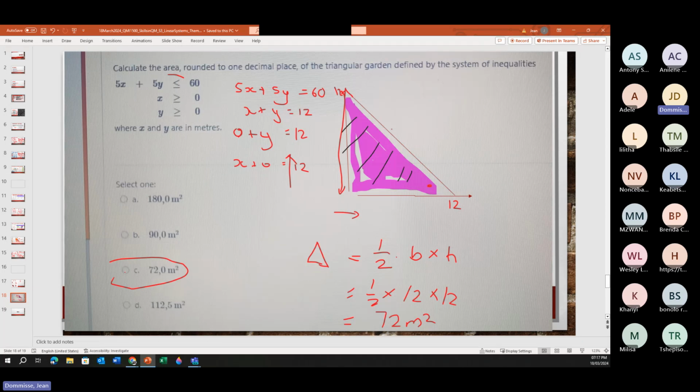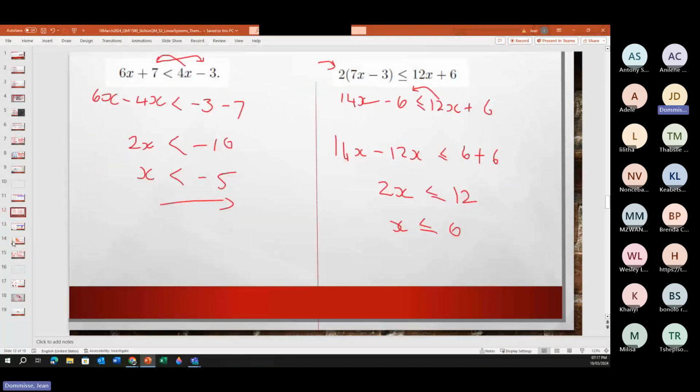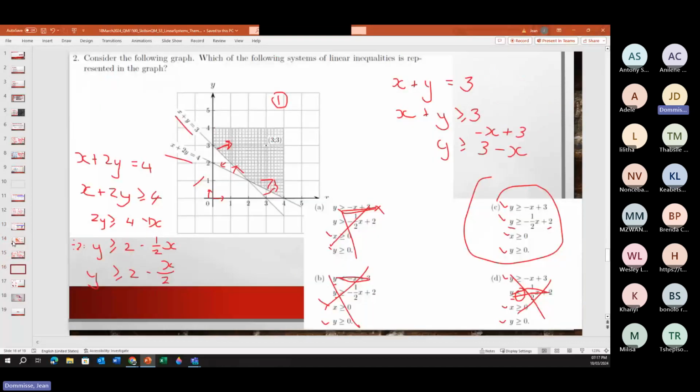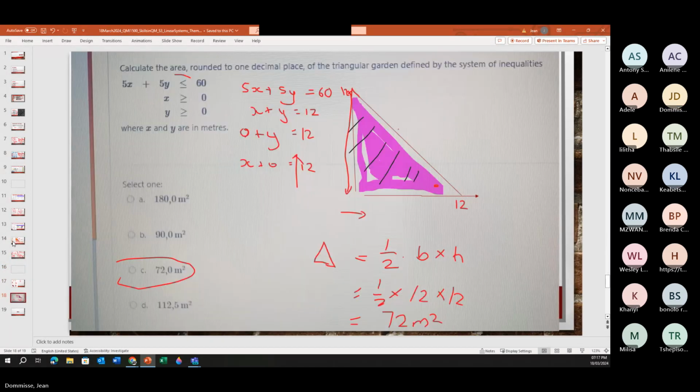I just thought it is important for you guys to see also that everything in this chapter was basically looking at just how to solve X, how to solve Y. Then if you needed to use the feasibility, needed to look at equations. And then suddenly it asks you to work out an area of that feasibility.